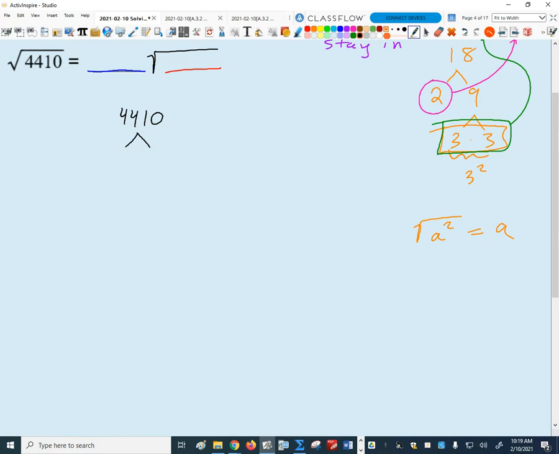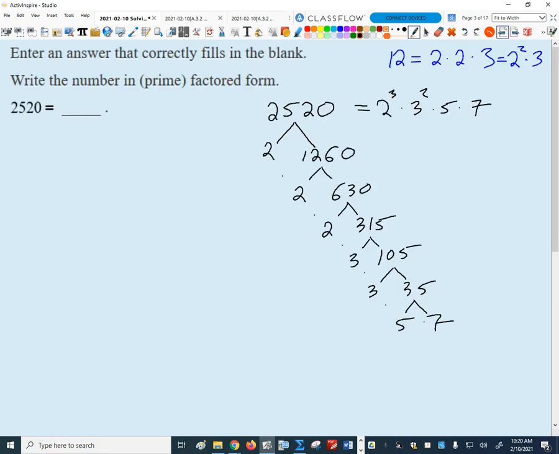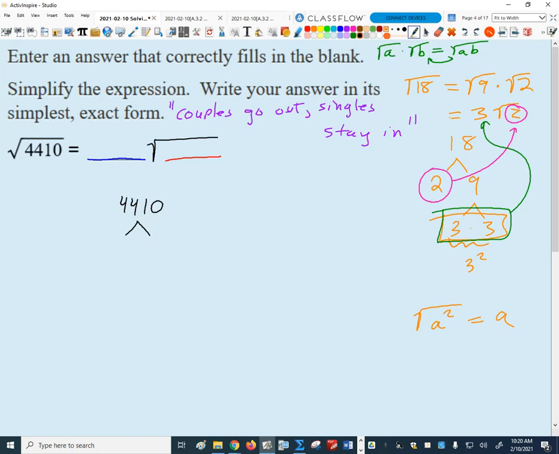On that last example, when we just took out twos, we got stuck with pretty big numbers in there, didn't we? The bigger the number, the harder it is to deal with, essentially. So it's nice if we can take out slightly bigger numbers. So we could take out a 10, and we know that because it ends in a 0.